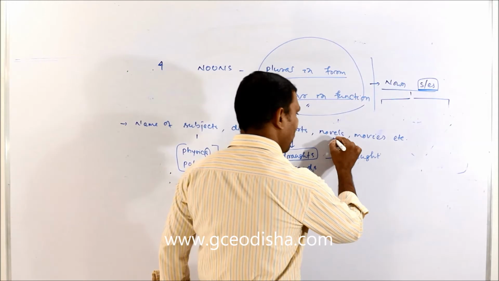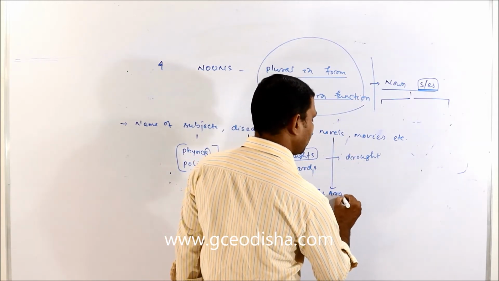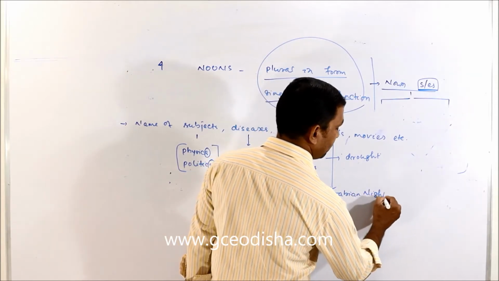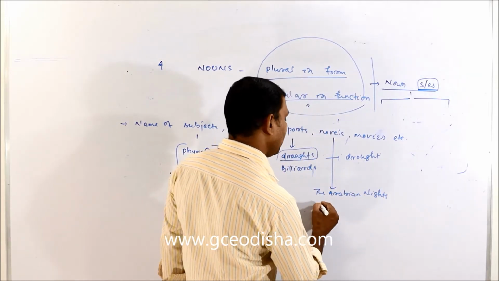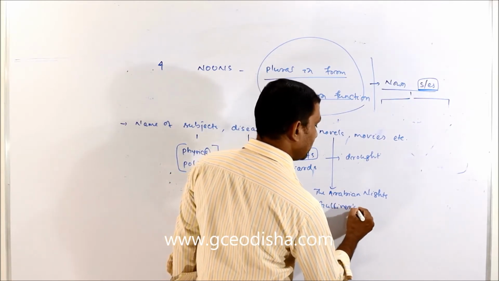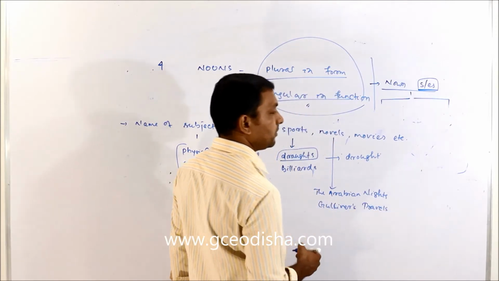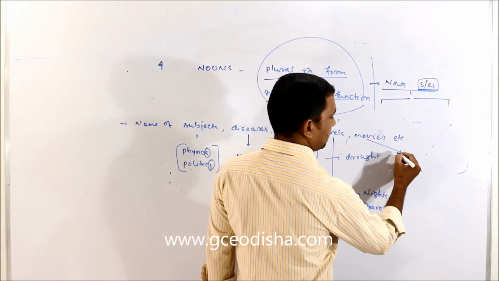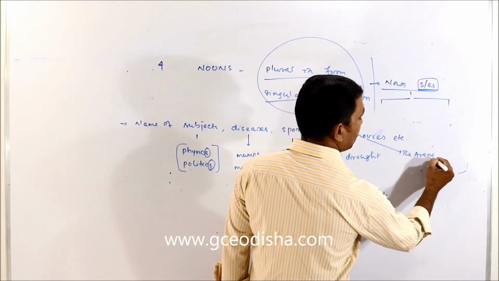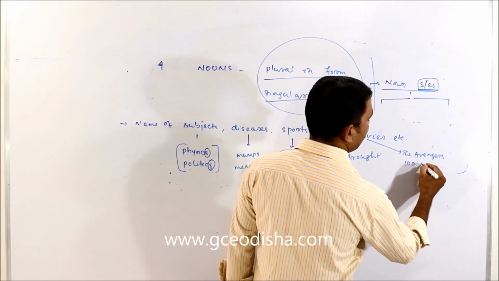When we say novels, it will be The Arabian Nights. It is the name of a novel. Gulliver's Travels. Movies, names of movies like The Avengers, or in Hindi, 100 Days.